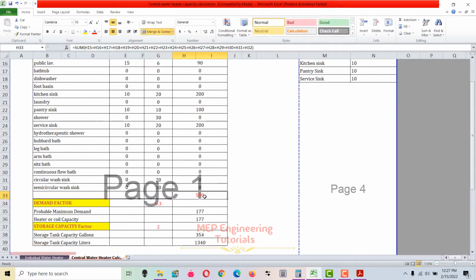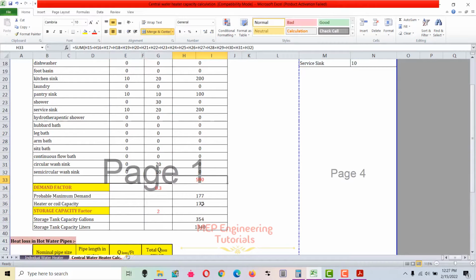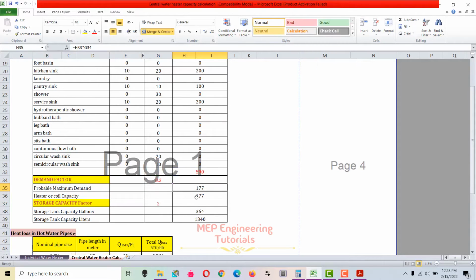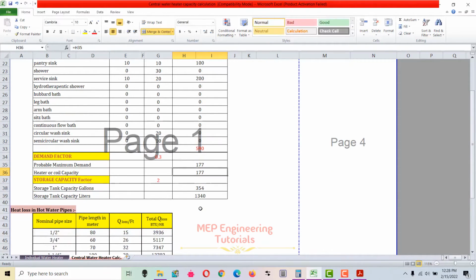So 590 here. In order to get the probable maximum demand, I need to multiply this demand factor with this gallons per hour demand. So I will multiply 590 with 0.3. I will get the probable maximum demand of 177. So heater coil capacity is the same as the probable maximum demand, that is 177.